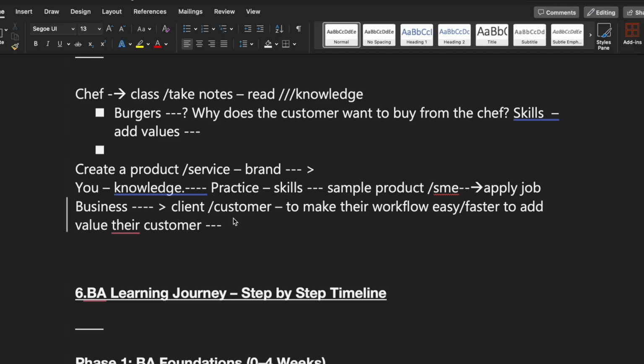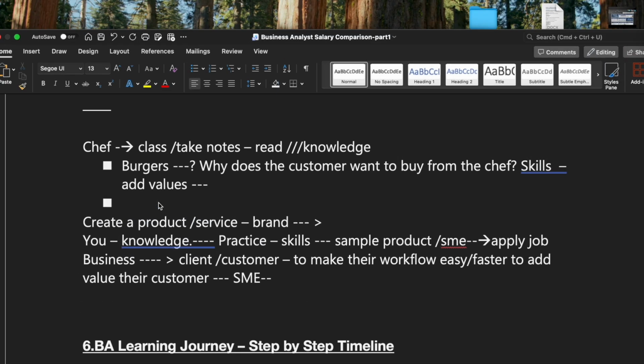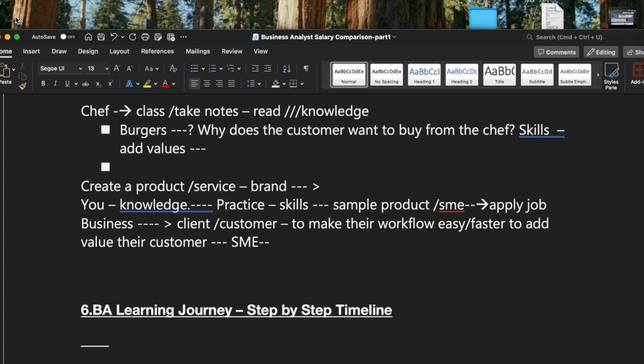Same for you: you have knowledge, then practice. Practice means doing the stories, doing the process making by yourself, right? When you practice, you get your skills. When you have your skills, you can create a product. So what are you an SME of? Let's say Manoj or Prasad, someone said he's working in the bank, right?